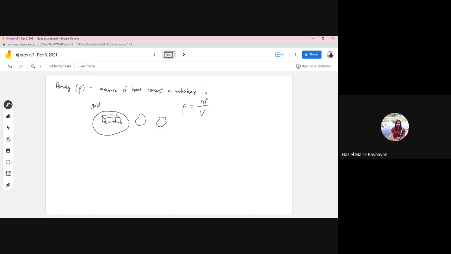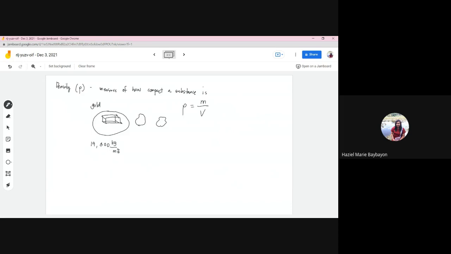And then in order to get the density, take the ratio of the mass and the volume. Okay. And for example, pure gold has a density equal to 19,300 kilograms per meter cube. Okay, so if you will obtain a density that is equal to or duol-duol ani class, then it could possibly be real gold.